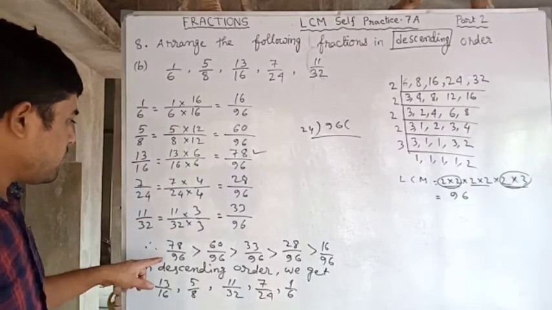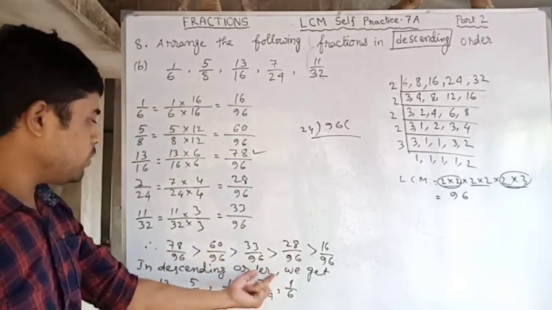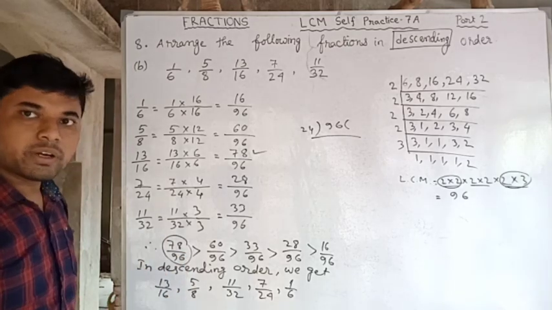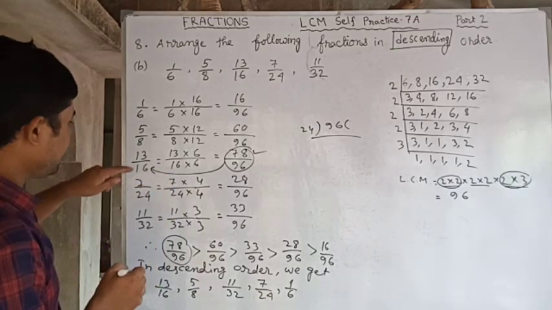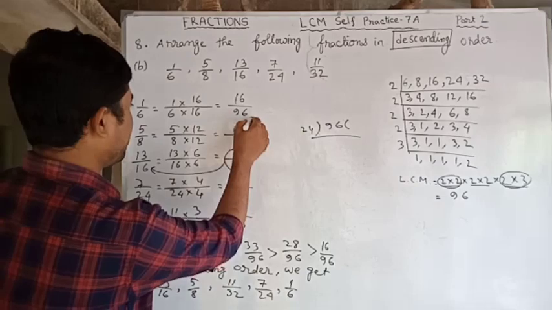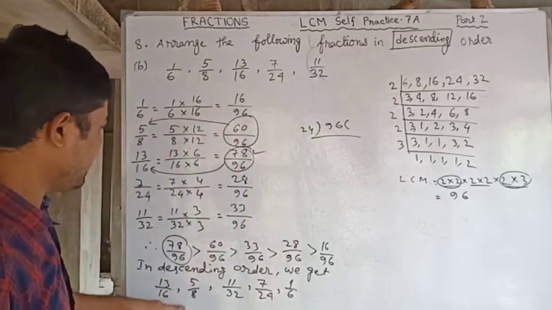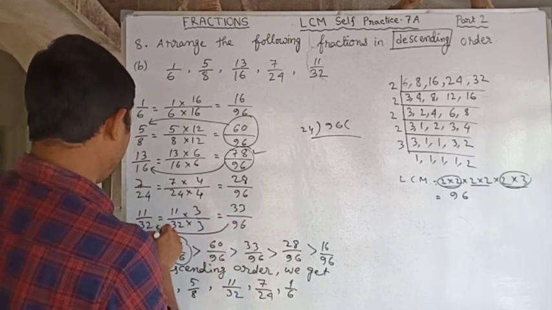So first write this. You see, now in descending order we get, this is not given in your question, 78 by 96. 78 by 96 is equal to 13 by 16, so you have to write 13 by 16. Now 60 by 96 is equal to 5 by 8, you have to write 5 by 8. 33 by 96 means 11 by 32.